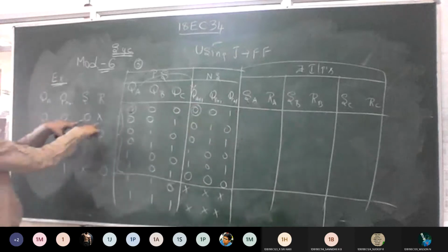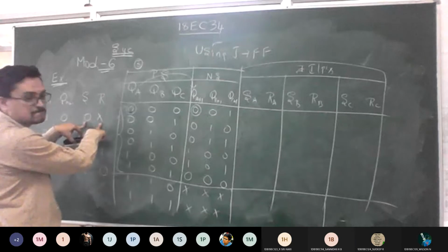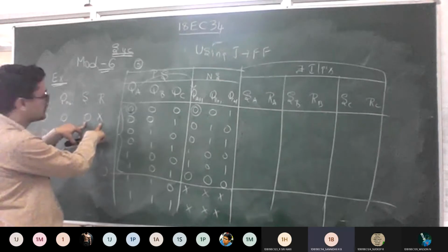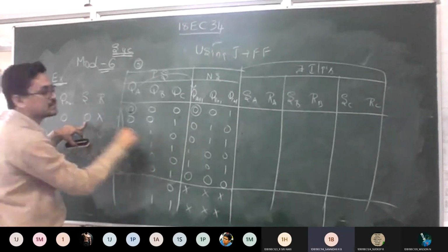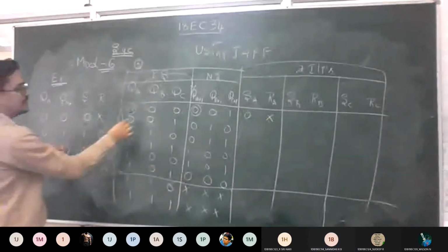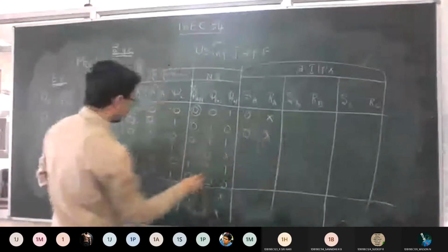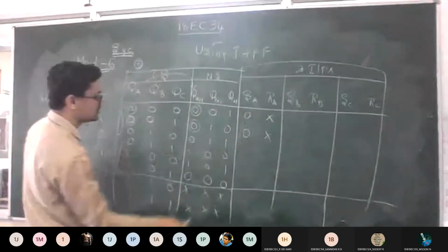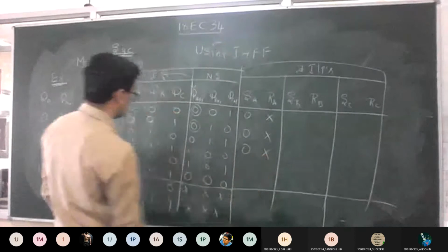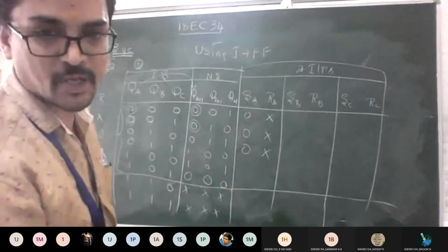If it is 0, 0, what is SR here? 0 and x. 0 x. Okay? Next again 0, 0. Same. Again 0 x. Next you will get 0, 1. Understood?